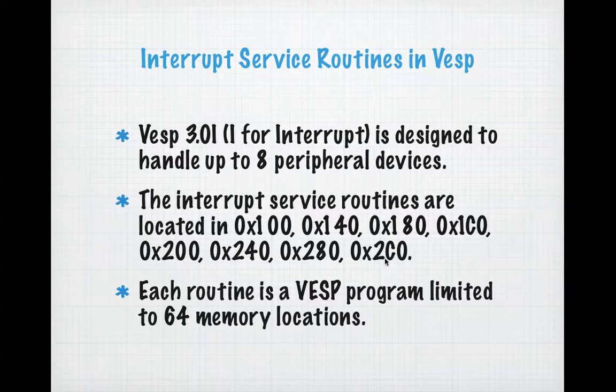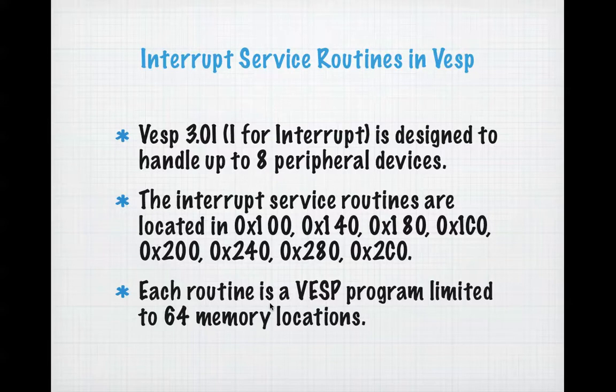You can see that each of the interrupt routines in decimal terms will take 64 locations to be fitted into. And of course, that means at most 64 instructions, because we know that in VESP some instructions take more than one location.